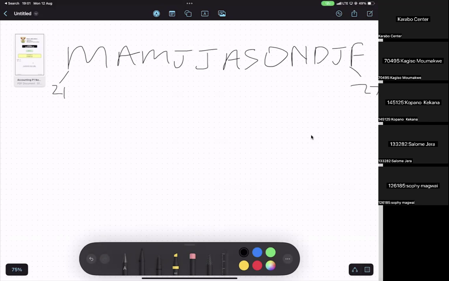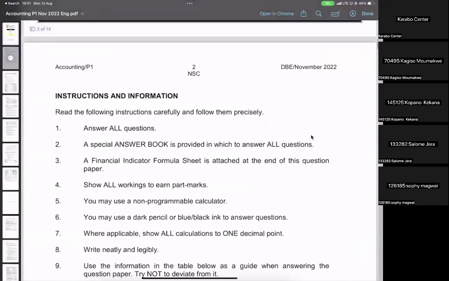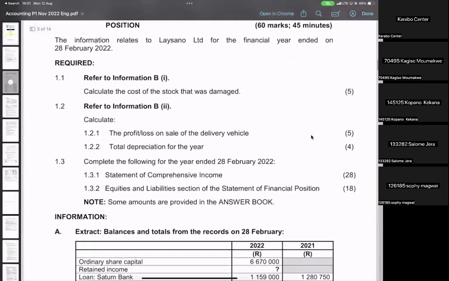So let's go back to our question. The first question says: refer to information B, calculate the cost of the stock that was damaged.